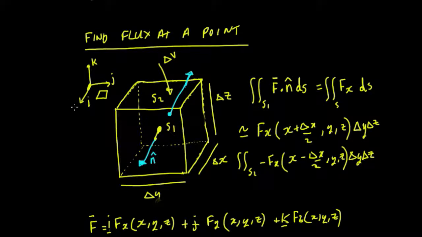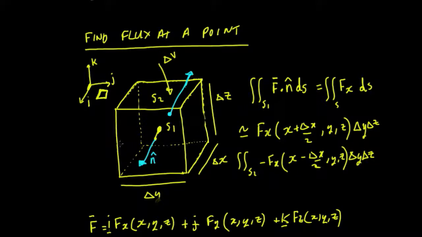So what I've done out here is draw the same little volume element, and we've got a delta x, delta y and delta z, and it's in a coordinate system here, so i is a component in the x, j is a component in the y, and k is a component in the z, and that's a little block sitting somewhere here. We're interested in finding the flux through all of the surfaces.